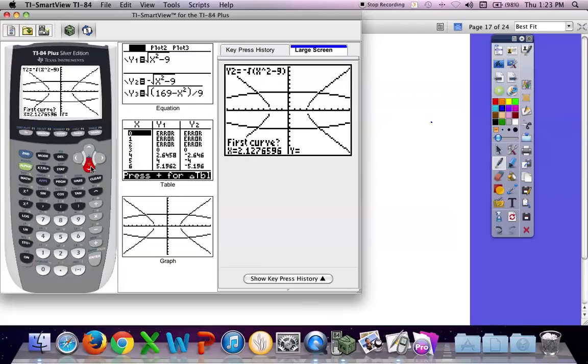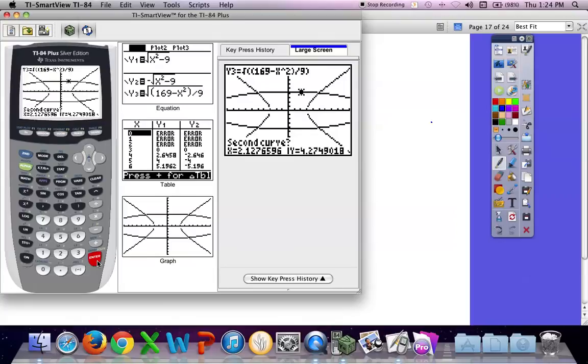I can toggle through the different equations, but okay, there's the first curve for us. That's the positive square root. And the second one, yeah, like I said, I'm having trouble with that.